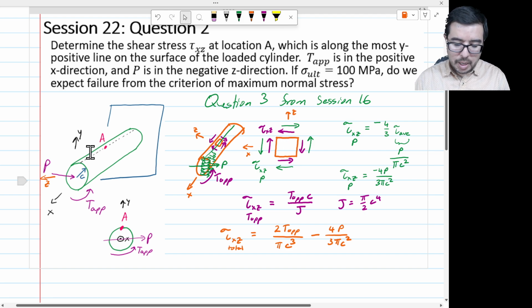And so if we come back here, we see, oh, well, P is like I have a load at the end of a cantilever beam. So there should be some bending stresses, and there are bending stresses, but A is on the neutral axis for that applied moment, which would be about the y-axis, right?